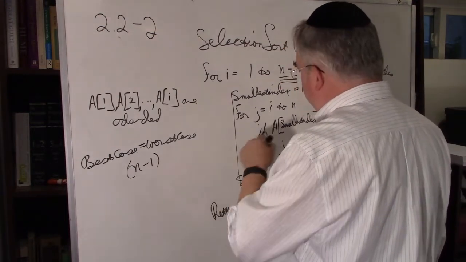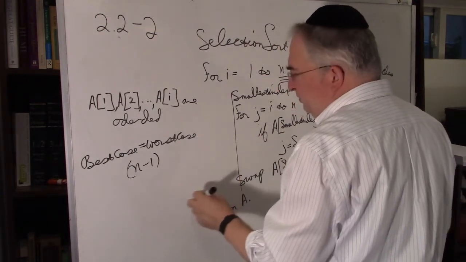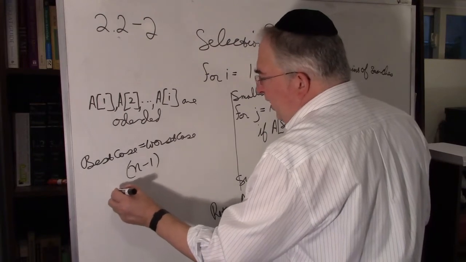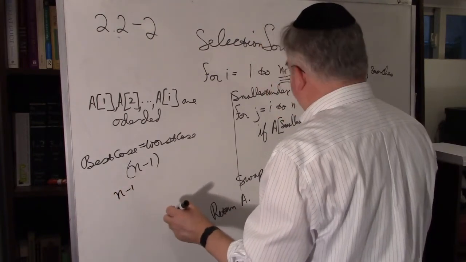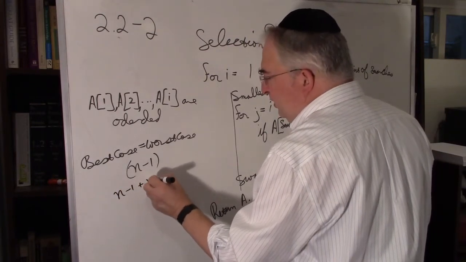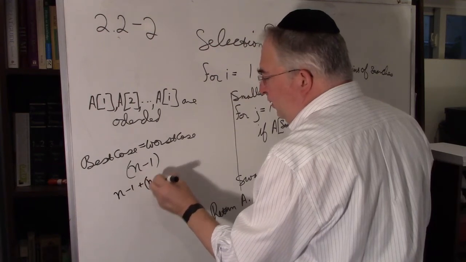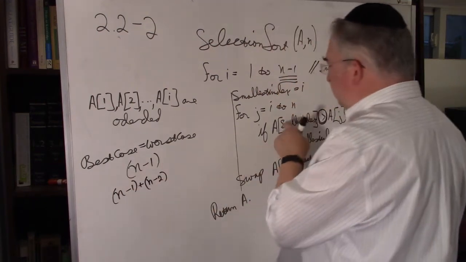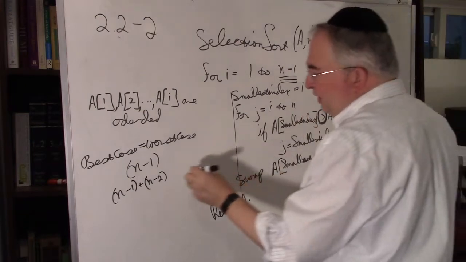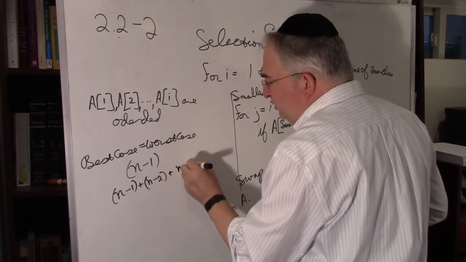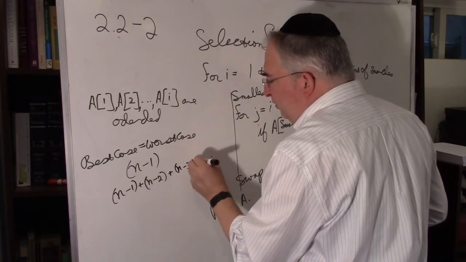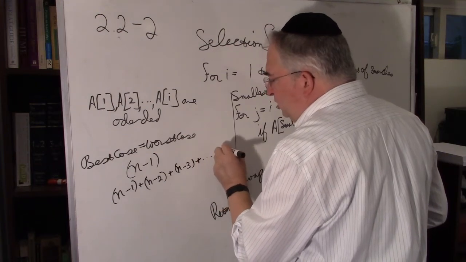So basically it's the same thing as before. You're going to do n minus 1 plus n minus 2. The second time you start at 2, plus n minus 3, all the way down to 2 plus 1.